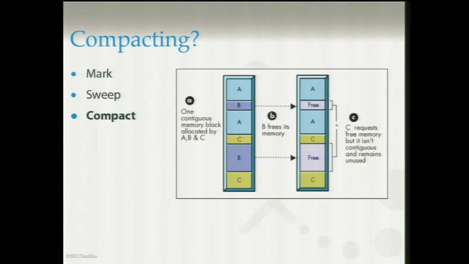So what we've done in Cassandra is we've gone through our storage engine and tried to address the main places where we allocate large contiguous amounts of memory.